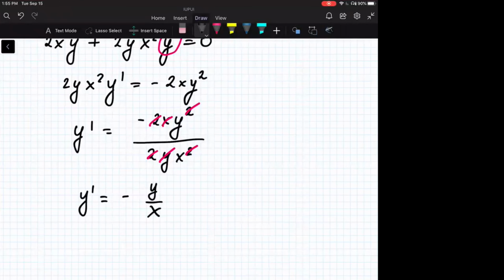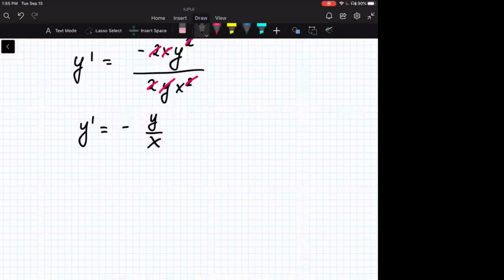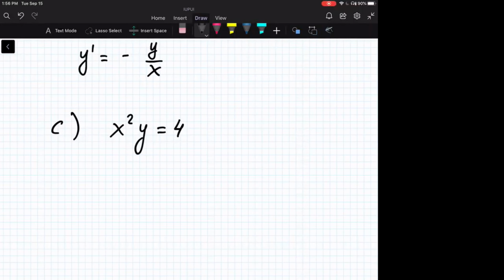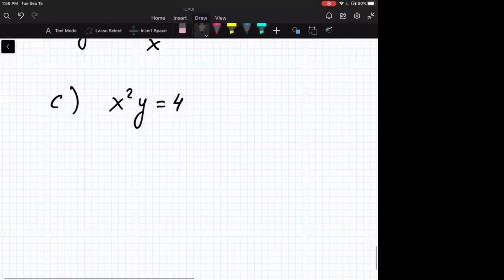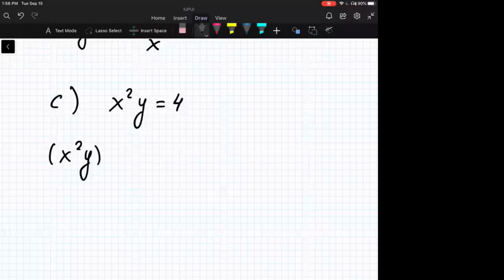And part C, it's quite similar. X squared y is equal to 4. The algorithm is the same. So differentiate. Now let me write, instead of d over dx, in this notation. Y prime is equal to 4 prime.